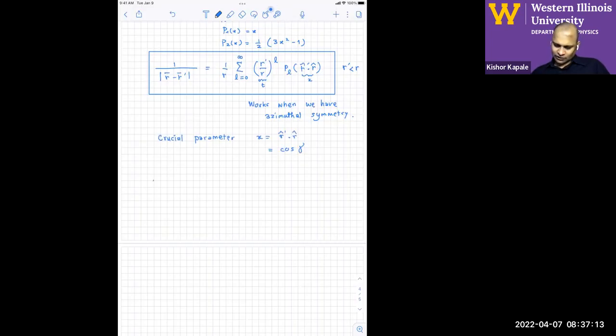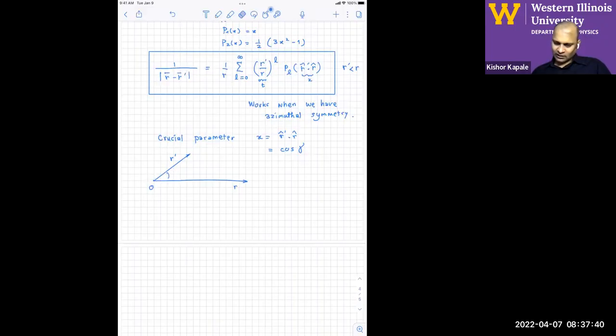So here's our origin. Here is the r prime, so that's a source point, and then somewhere far away is your r, and it's that angle between them, right? And I'm calling that angle gamma. Now, of course, as you're integrating and changing this, there is nothing sacred about this gamma parameter.